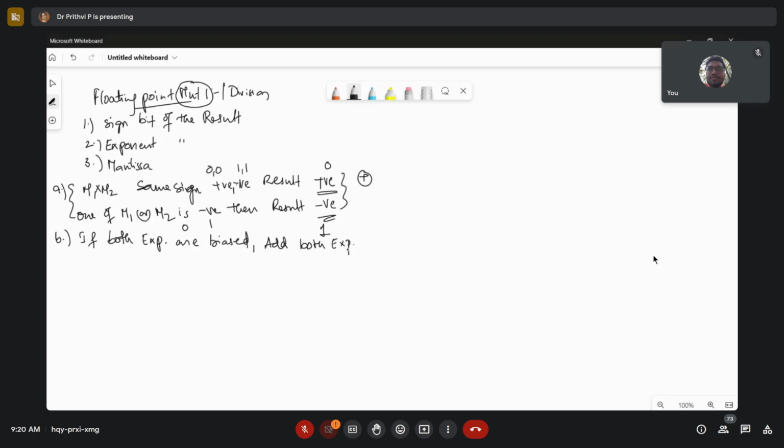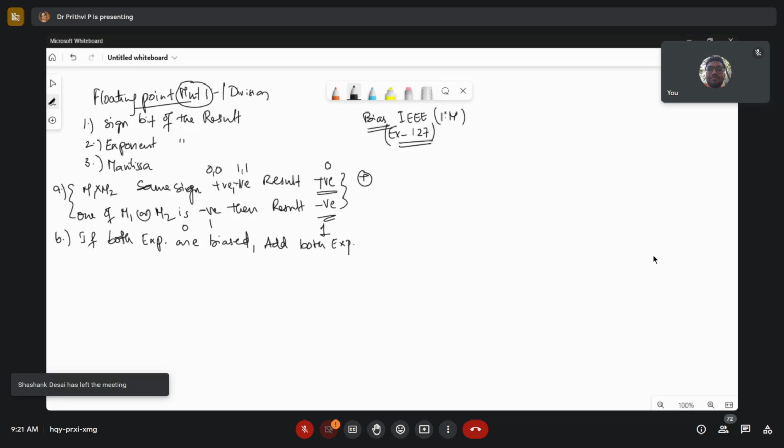What is this biasing in your IEEE format? What was the bias we had? The bias is 127. Yesterday we saw what that bias means. The bias is 127 for the IEEE representation of the 1.m format.